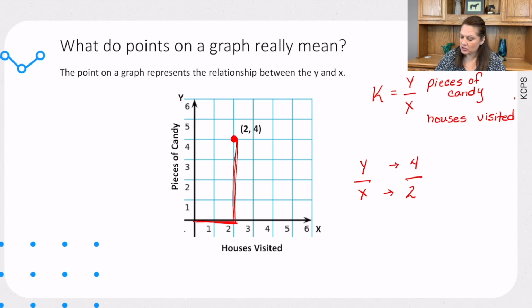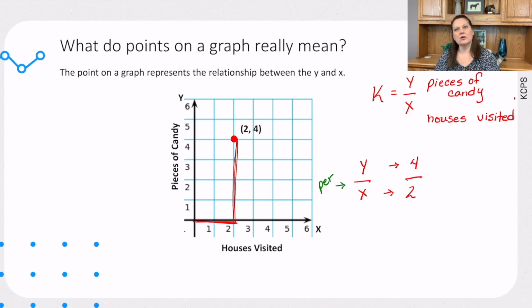Now, this division bar or fraction bar, we read that as a per. So when we come over to our actual fraction or ratio that we've rewritten with our numbers, we're going to say 4 pieces of candy per 2 houses.